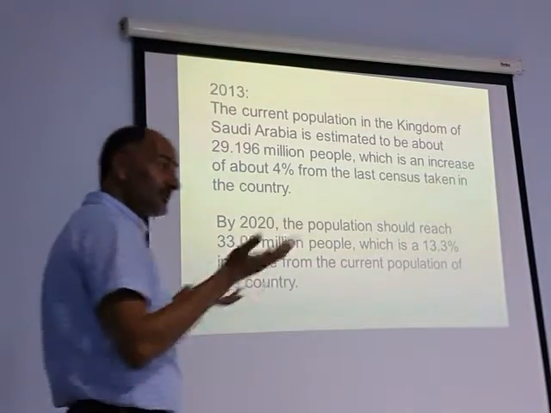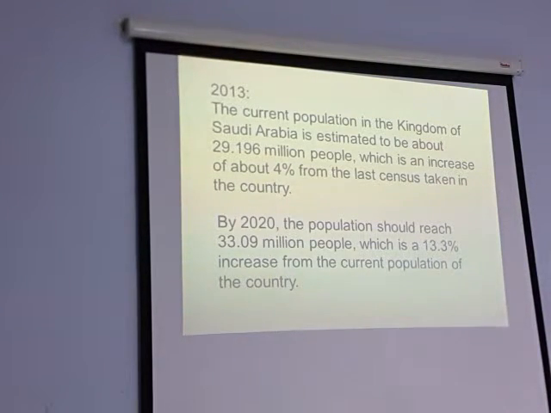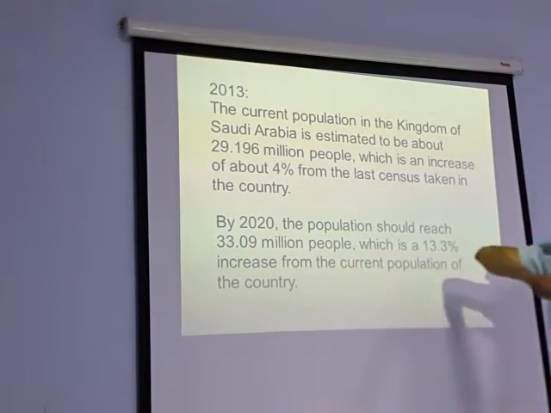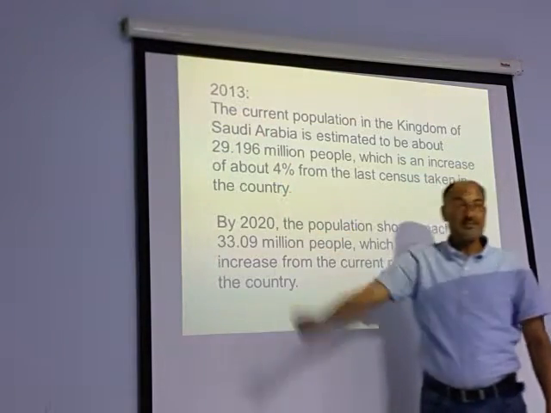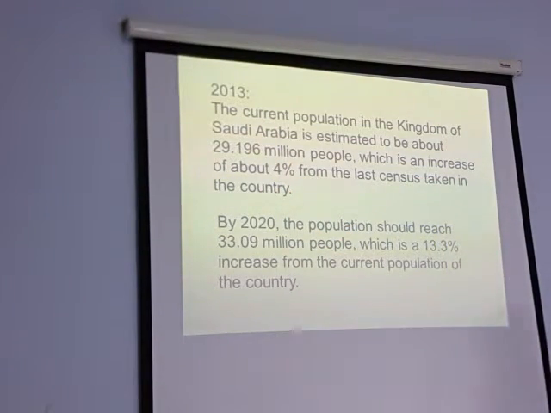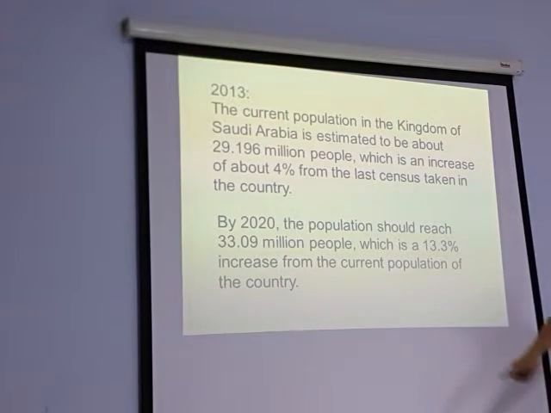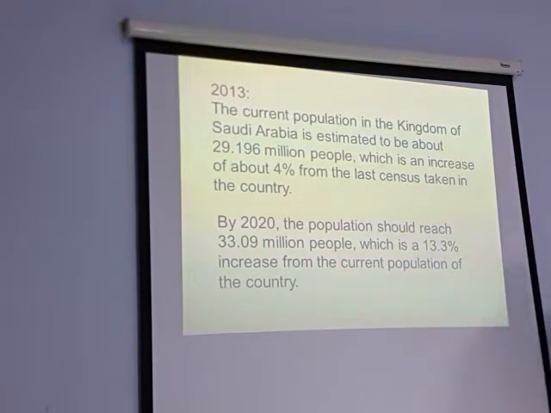Now we talk about the Kingdom of Saudi Arabia. We are not living in India or any other European country, we live here. So when we live here, we should understand that the population is estimated to be about 29 million people in 2013. Now see what will happen. By 2020, the population will go up to 33 million.